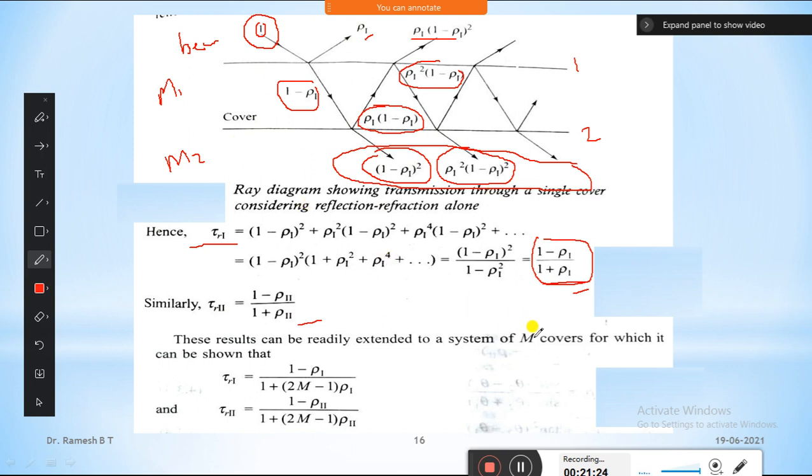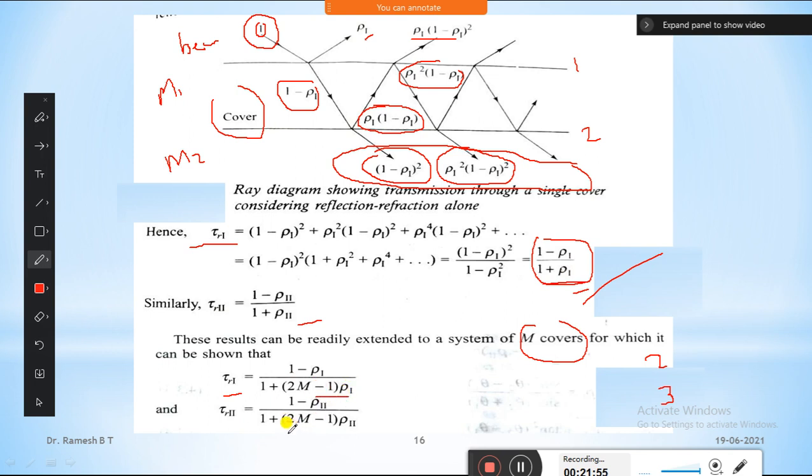This is for only one cover. If you use m number of covers, meaning 2 covers, 3 covers, where m is the number of covers, then the same equation becomes tau r1 equal to 1 minus rho 1 divided by 1 plus, instead of rho 1, (2m minus 1) into rho 1.